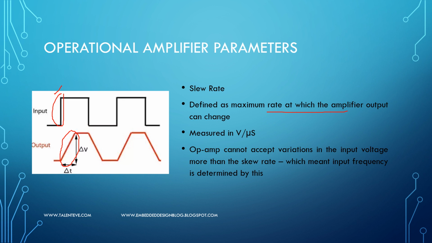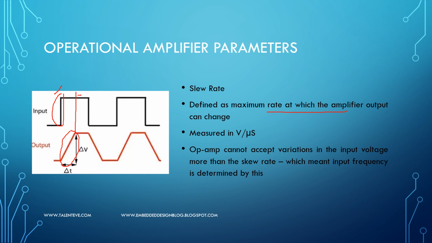So what it means is, if you see here, till this moment, for example in this case, the input cannot change. It should still be at a high level and a little more than that, so that you can read the value.